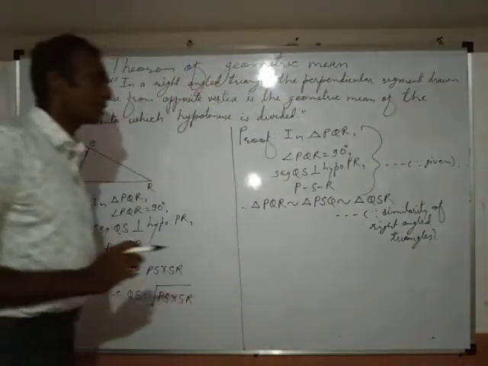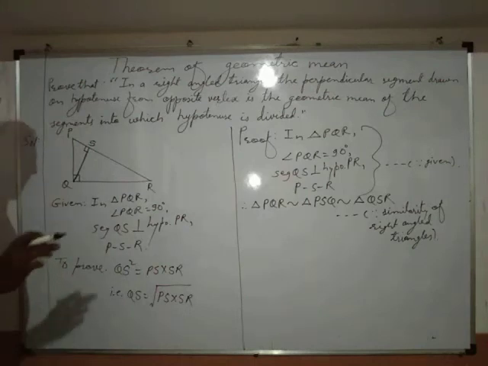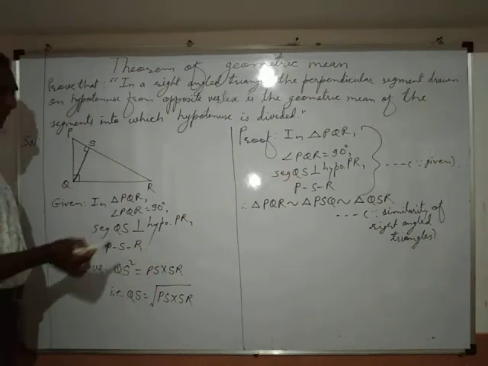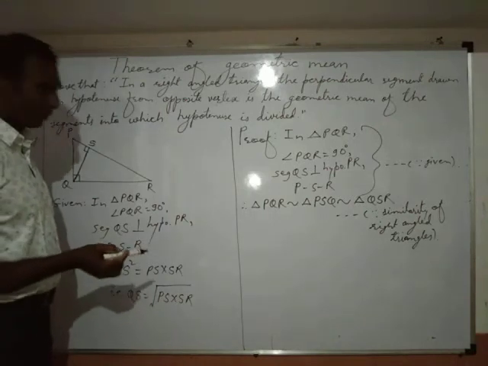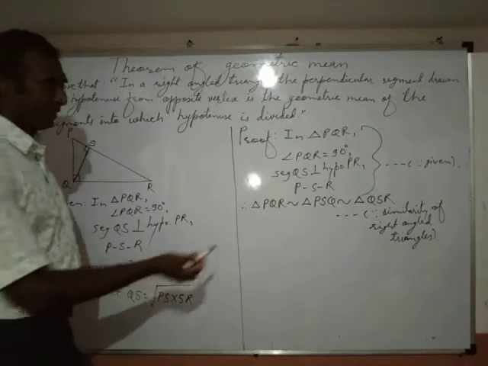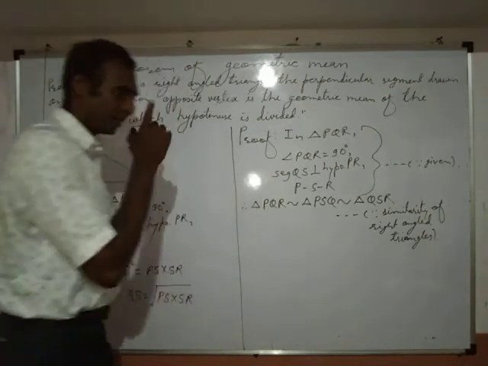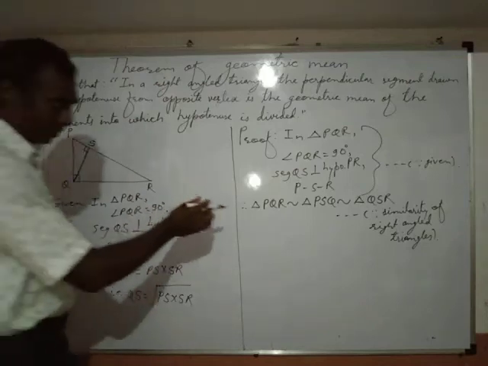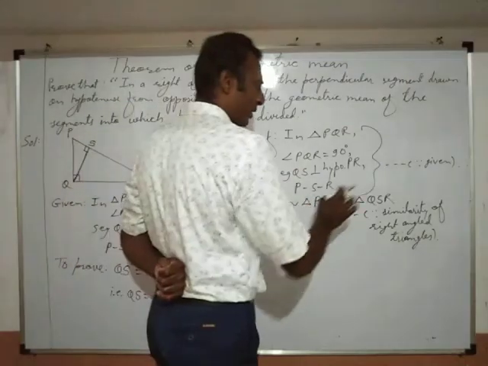Now we are going to select a pair of triangles that will give us QS, PS, SR, because we are interested to prove QS square equals PS into SR. If we consider triangle PQR, it does not contain QS, PS, SR. Okay, let's consider triangle PSQ and QSR.